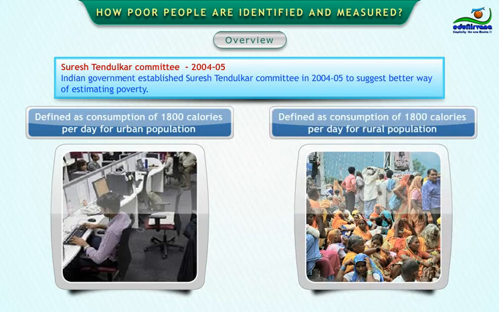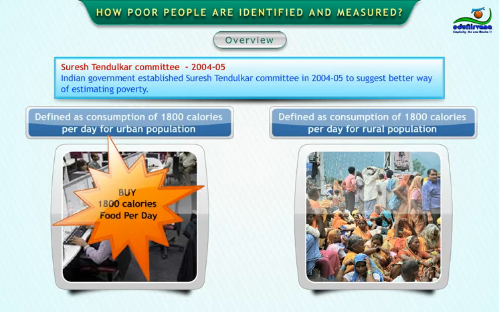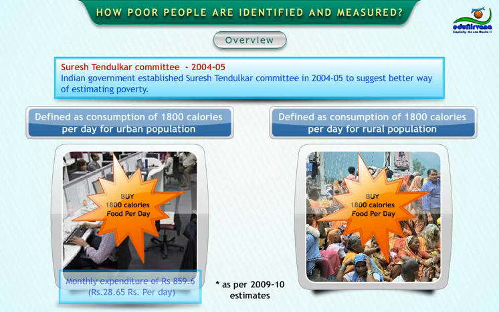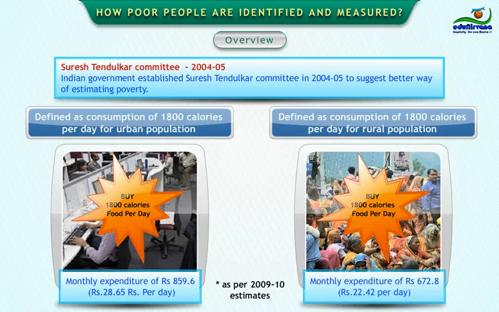As per this committee's method, which is based on the latest available National Sample Survey data, the new poverty line for 2009-2010 in terms of money spent on consumption is 859 rupees 60 paise per month, or 28 rupees 65 paise per day per person, in urban areas, and 672 rupees 80 paise, or 22 rupees 42 paise per day per person, in rural areas.